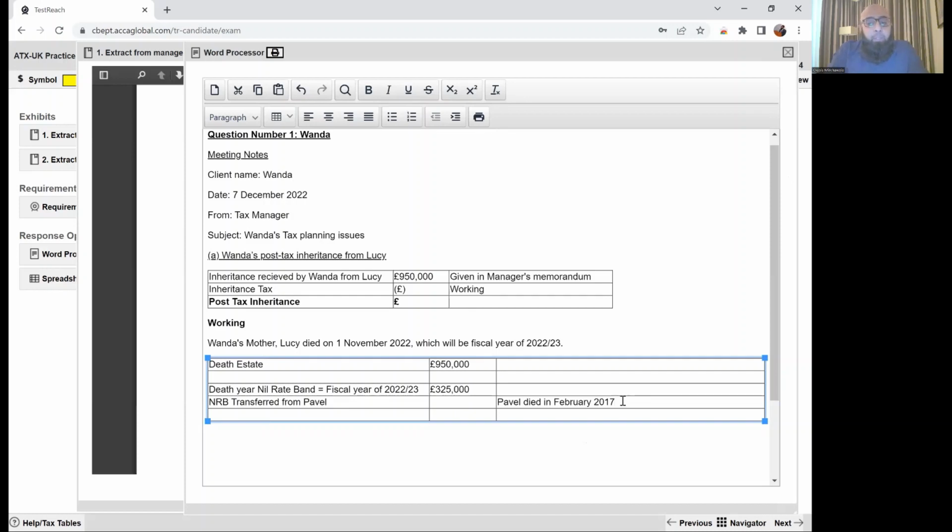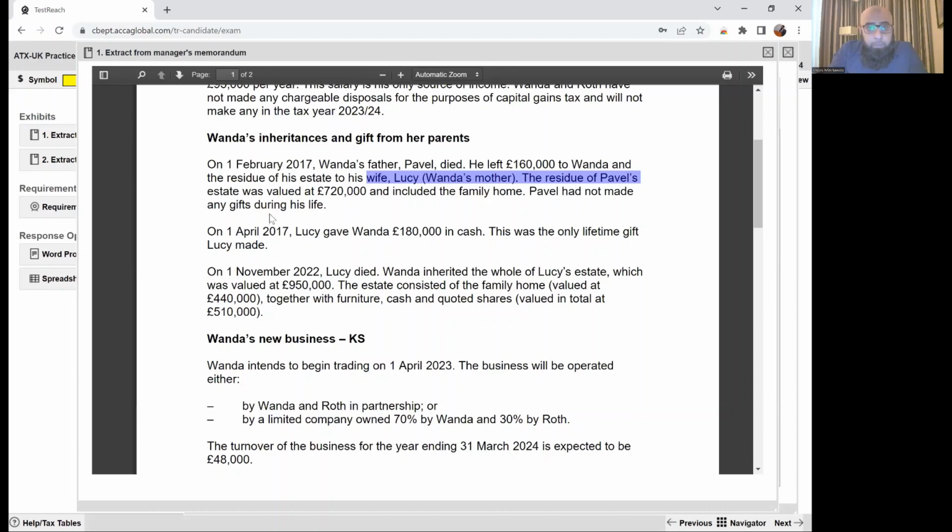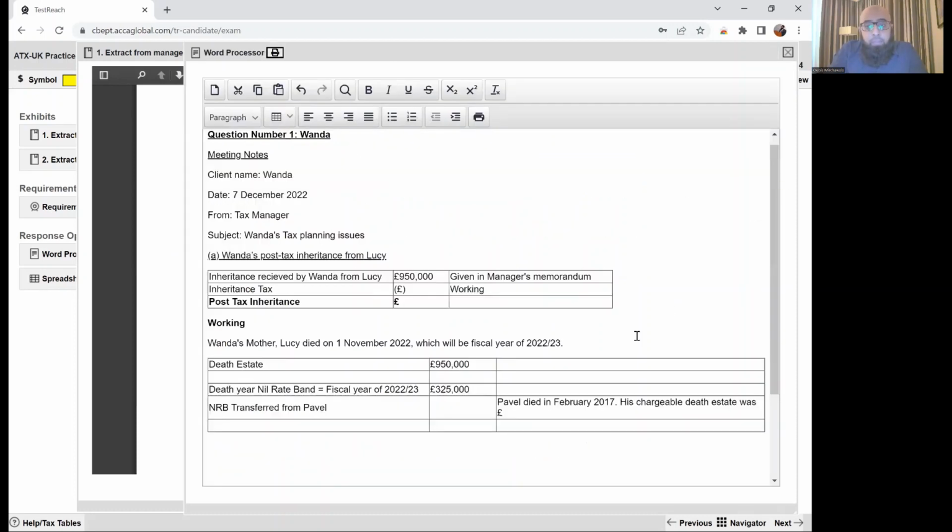Pavel died in February 2017. His chargeable death estate was 160,000, as he gave the rest of the death estate to his wife, Lucy. Okay.